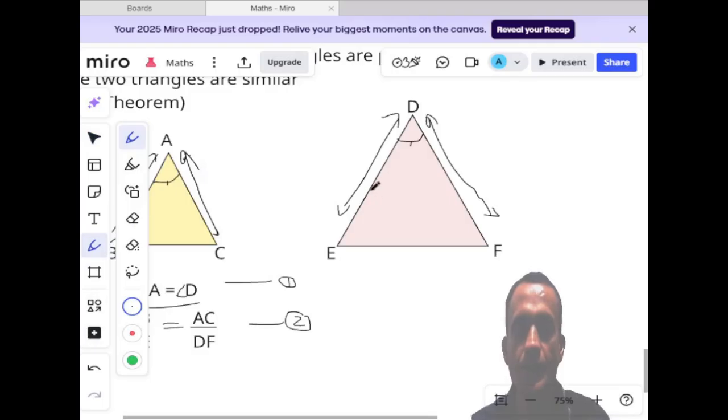We construct and find a point P and Q such that DP, that is from this point to this point, is equal to AB, and DQ is equal to AC. And we join these two points. We mark it by a dash so as to know that this is our construction. We have constructed this.